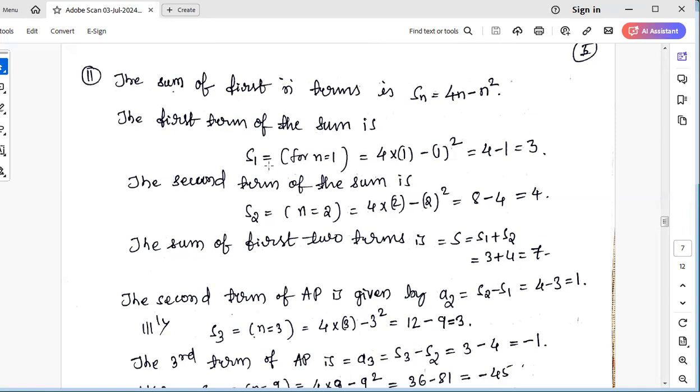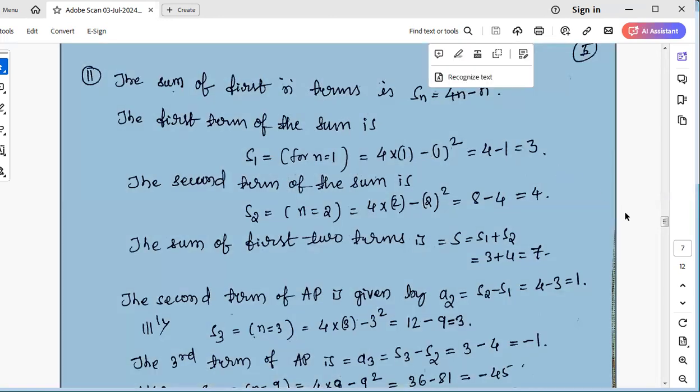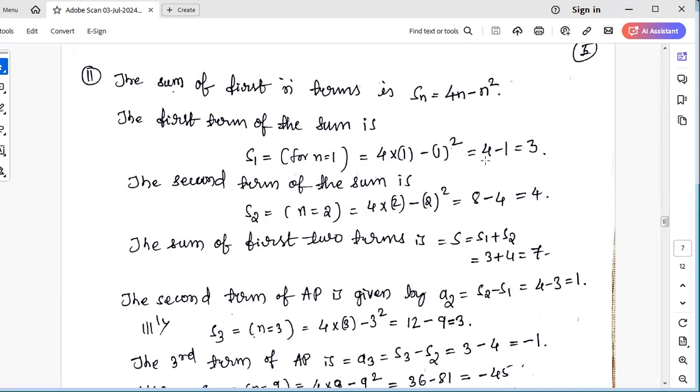Here I will put n equal to 1 in this equation. Wherever n is there, I am putting 1. So 4 into 1 minus 1 square. 4 into 1 is 4, minus 1 square is 1. So 4 minus 1 is 3. So this is the first term of the above sum.